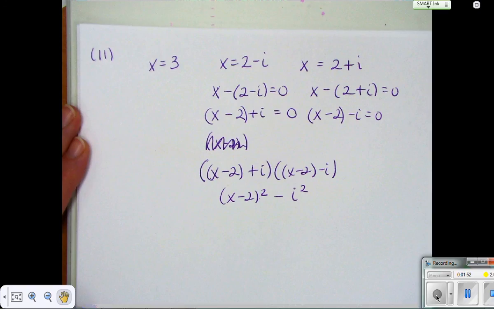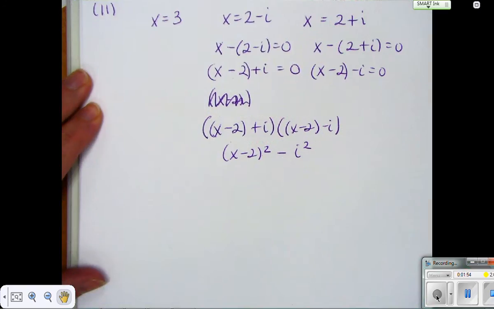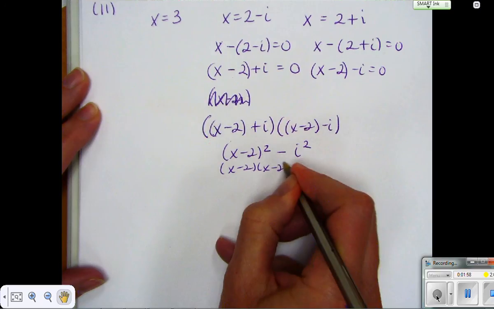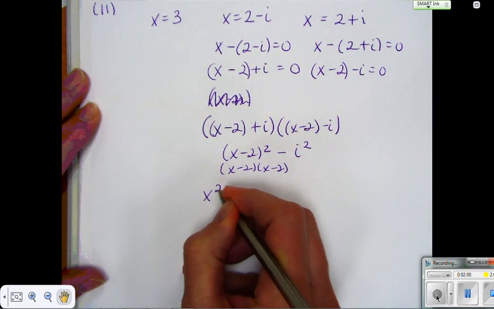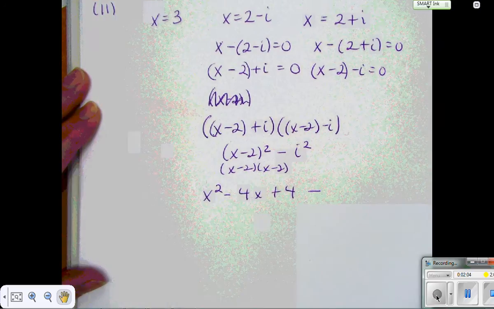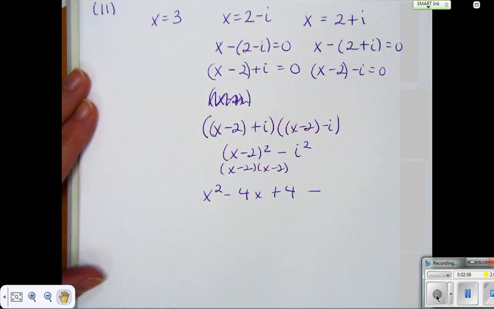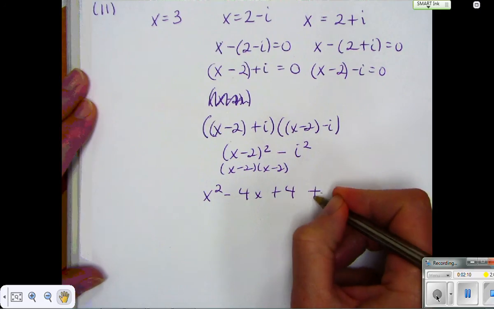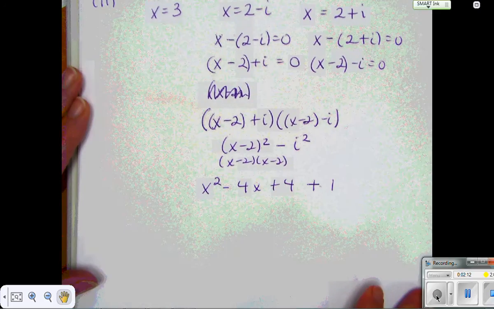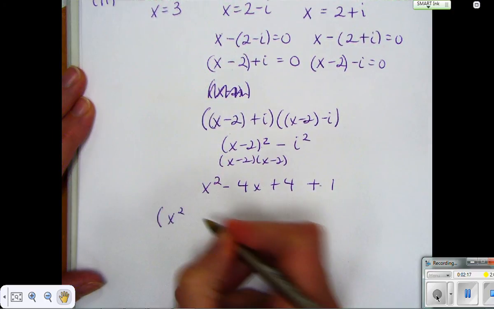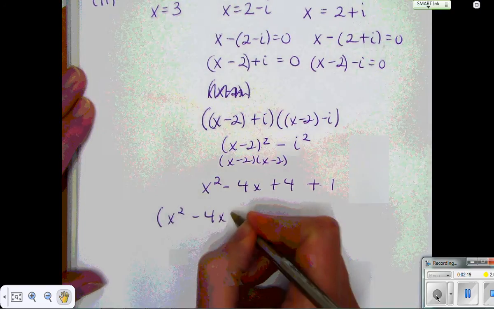When you square a binomial, you have to FOIL it to itself. x minus 2 times x minus 2 will give me x squared minus 4x plus 4 minus, then i squared is actually negative 1, so this is minus a negative 1, which is plus 1. We'll combine the like terms. So I wind up with x squared minus 4x plus 5.